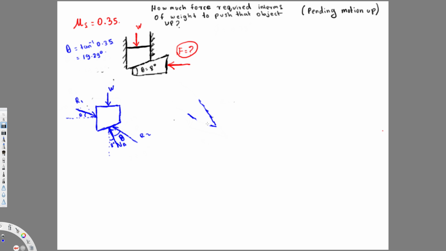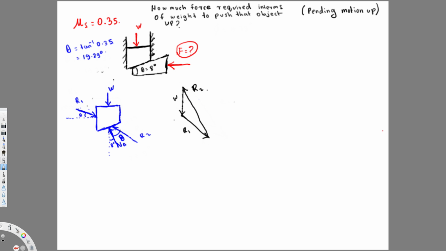Let's redraw. Okay, this is my triangle that's made with R1 and R2. This is W, and this is my R1, this is my R2.